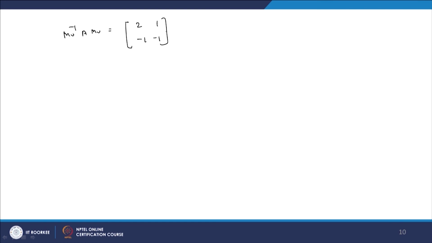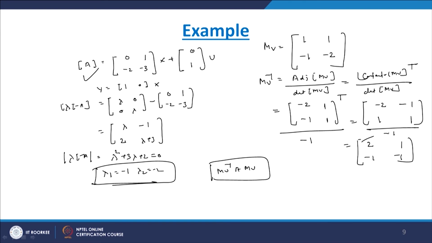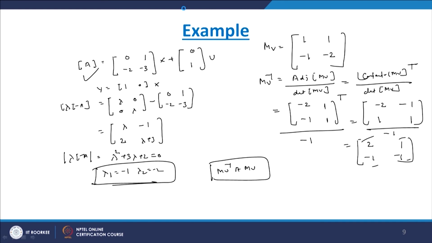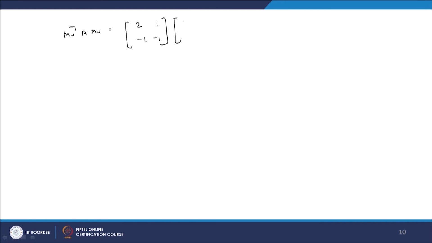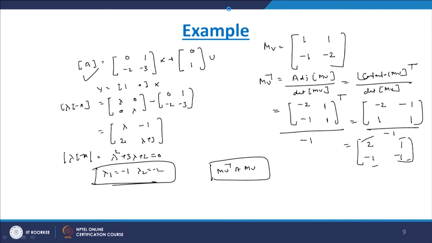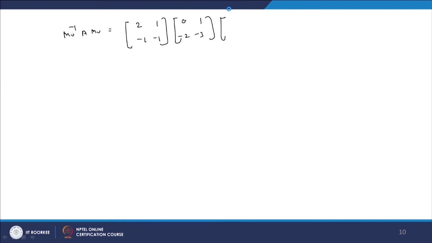We can check it again here: 2, 1, minus 1, minus 1. Then what is the A matrix? The A matrix is 0, 1, minus 2, minus 3. And what is the value of MV? MV is 1, 1, minus 1, minus 2. We have to solve it. First of all we solve this, and then multiply by this.